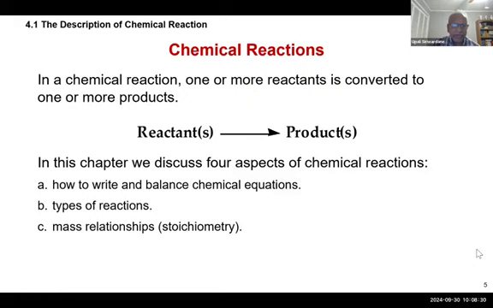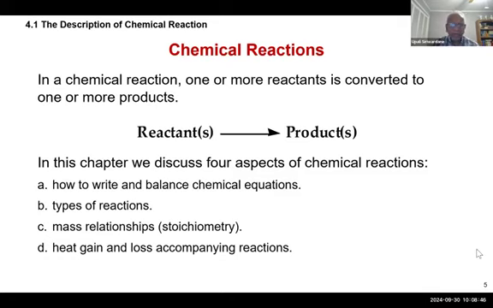Later, we're going to go into mass relationships in chemical reactions, which is called stoichiometry. We are not going to go over these last two topics today, and we'll also look into heat gain or loss during chemical reaction later.